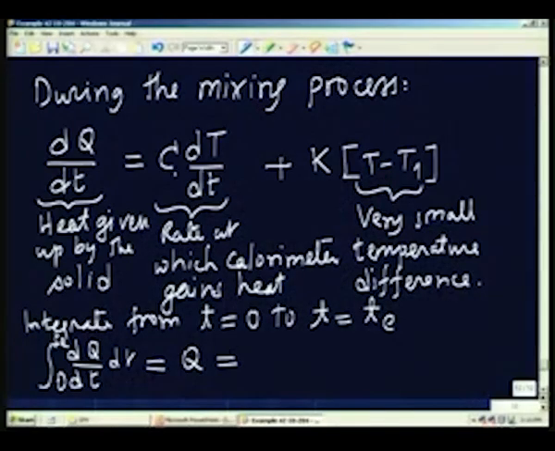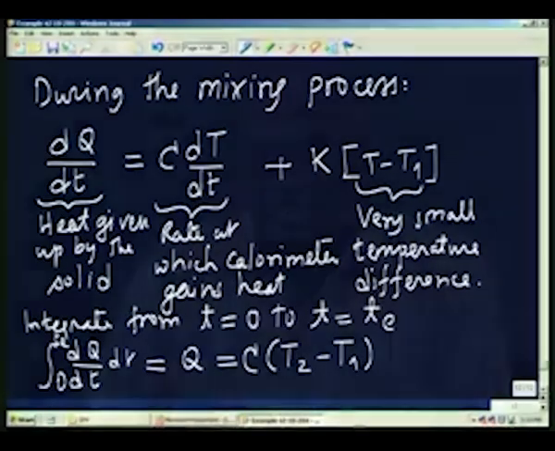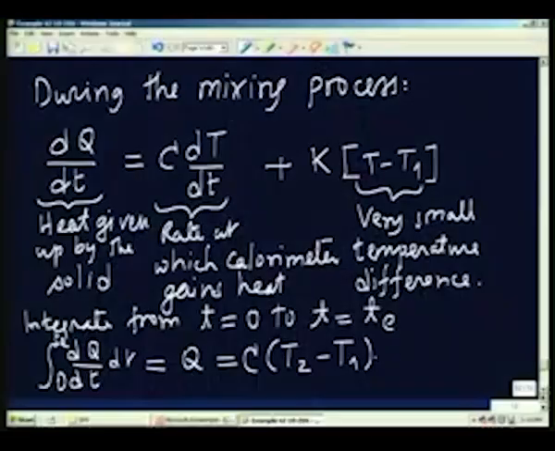Similarly, the integral of the first term on the right simply becomes C into (T2 minus T1), because the integral of dT by dt between t equal to 0 and te is nothing but T2 minus T1, plus this will give you K into the integral from 0 to te of (T minus T1) dt.